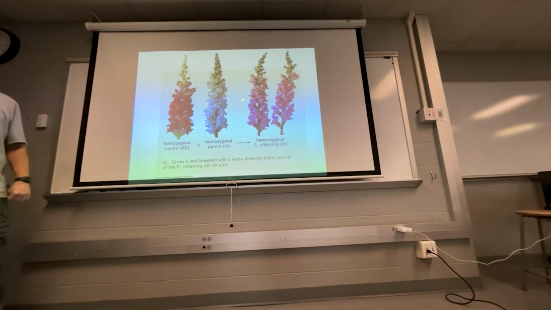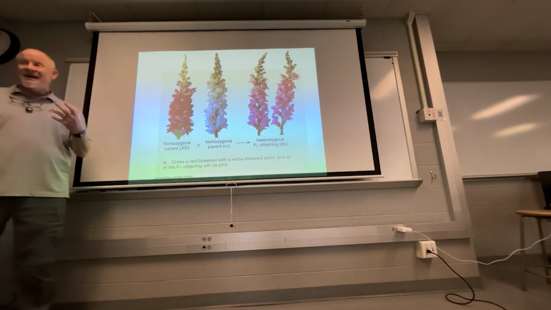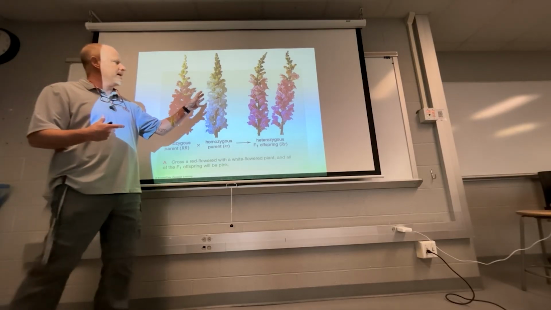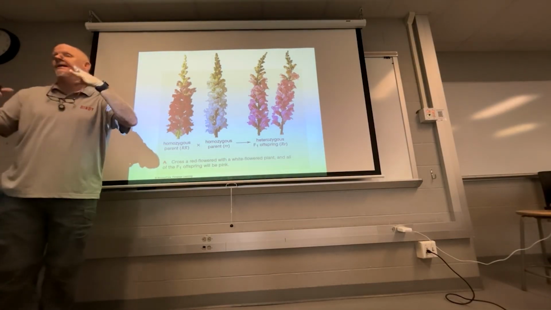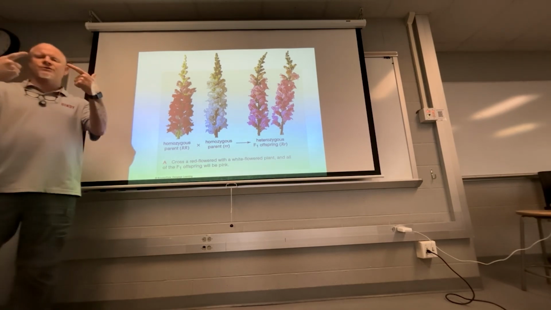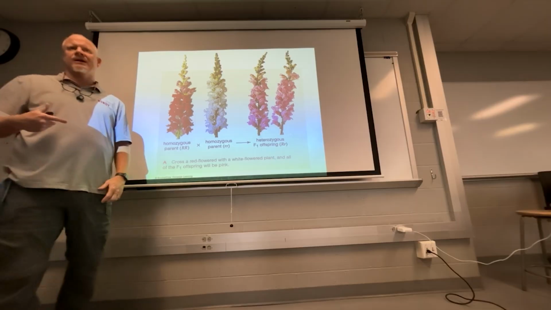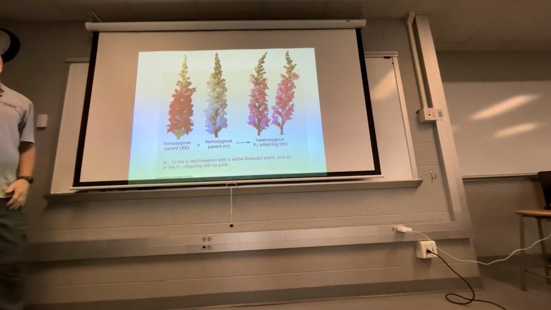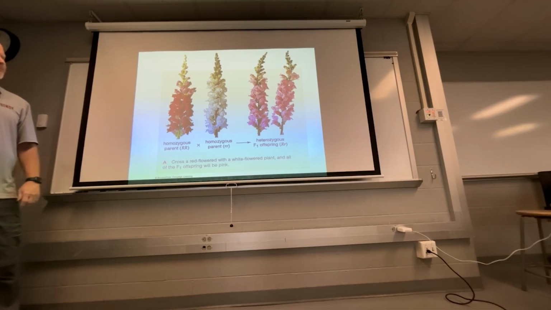But in all the offspring, all the heterozygotes are actually pink. Or sometimes you'll get flower colors that are like yellow, that are completely different than the two adult phenotypes. And then you know the heterozygotes, those two alleles are interacting in some way differently and giving you a phenotype that's much different. That's incomplete dominance.